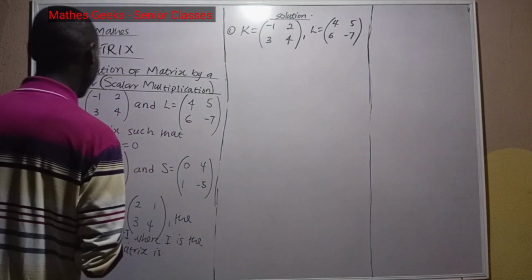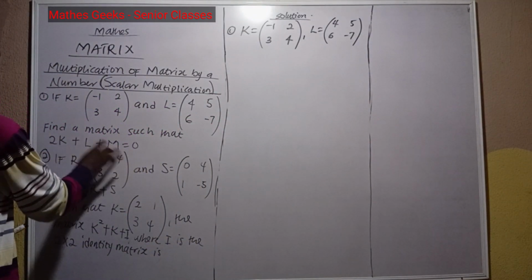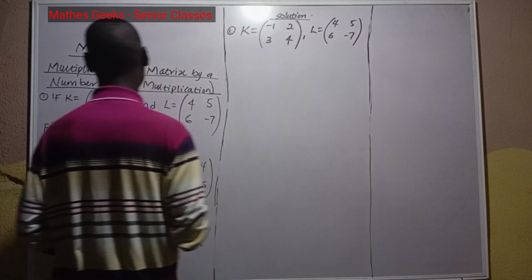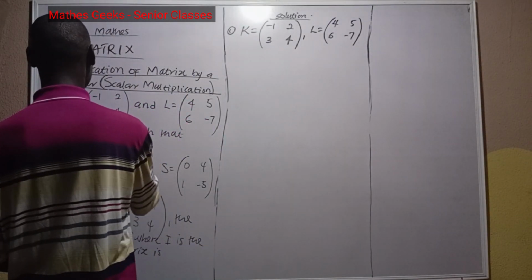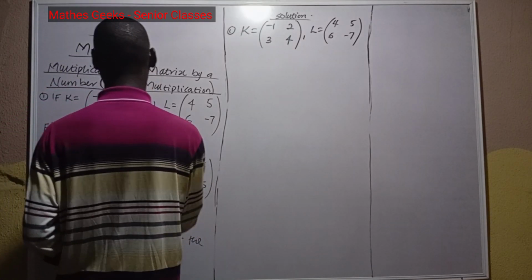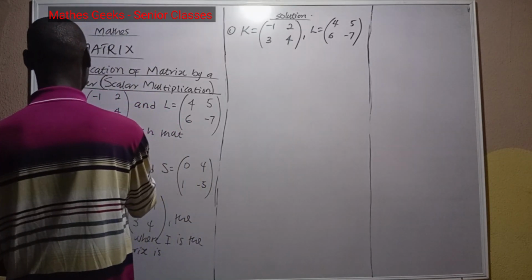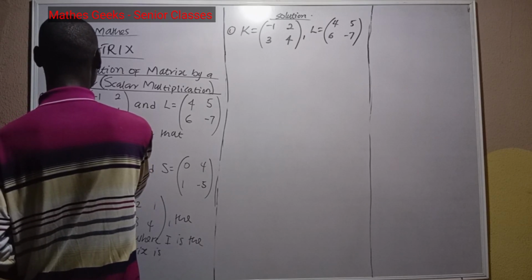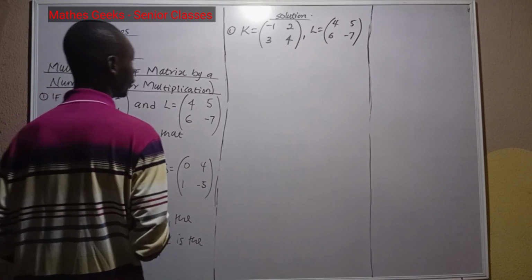Now find a matrix N such that 2K plus L plus N is equal to 0. So we're given matrix K and matrix L. We're going to look for matrix N such that if we add it to matrix L plus 2 times matrix K, the result will be 0.